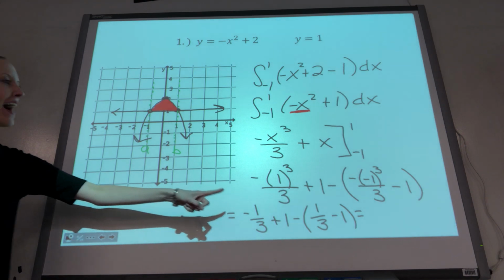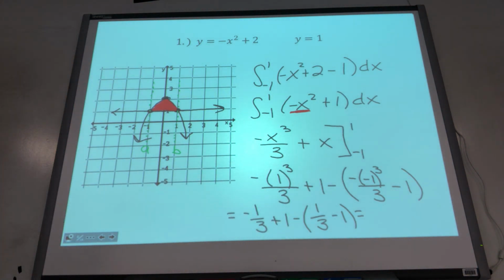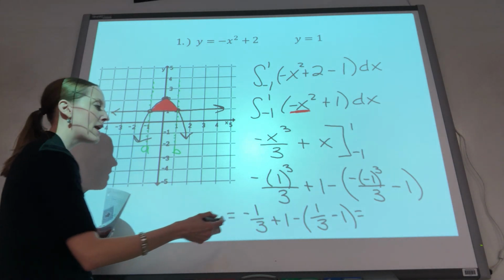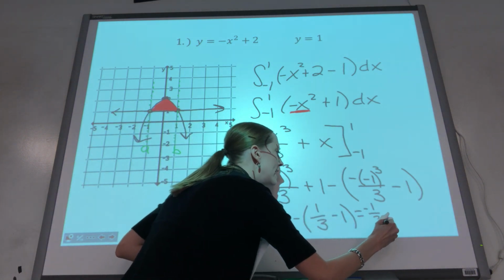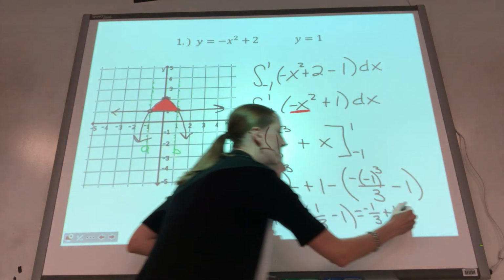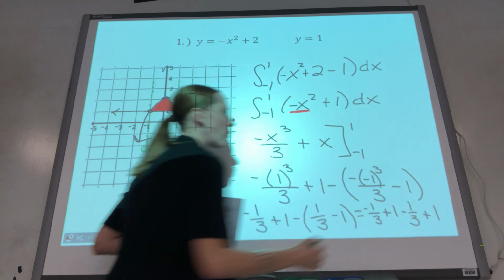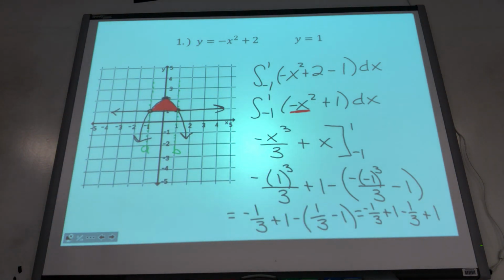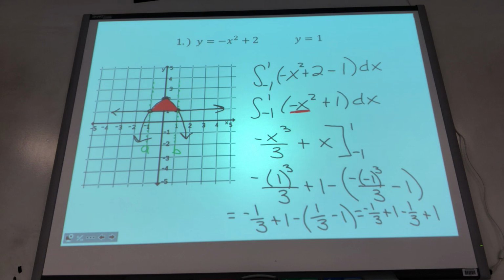But we will have to distribute that negative. So we've got negatives all over the place. But by the time I'm done with this, I'm taking negative 1/3 plus 1 minus 1/3 plus 1. And so you can type this in if you want to on your calculator. That should be fine if you just put those fractions in parentheses.